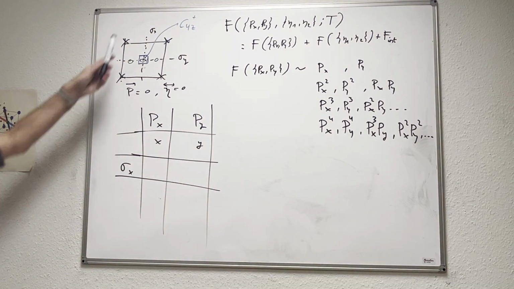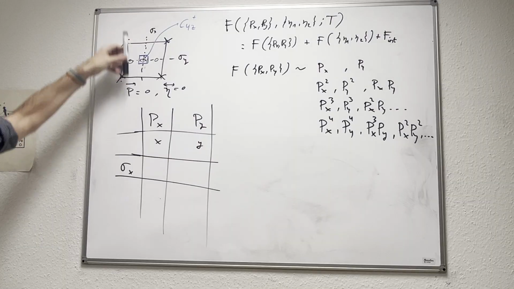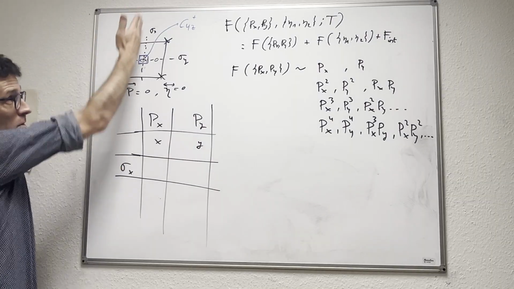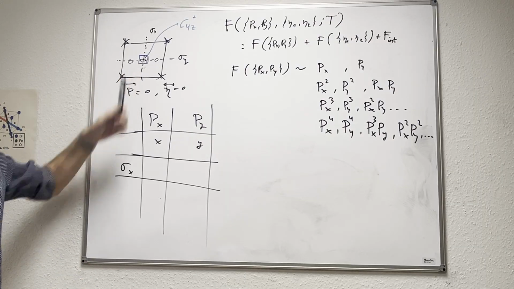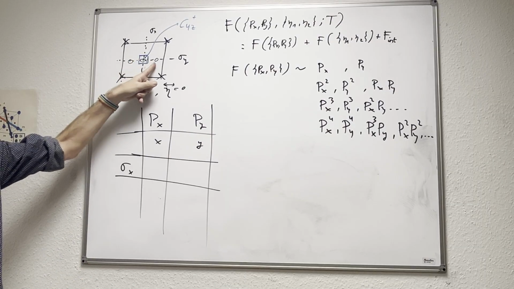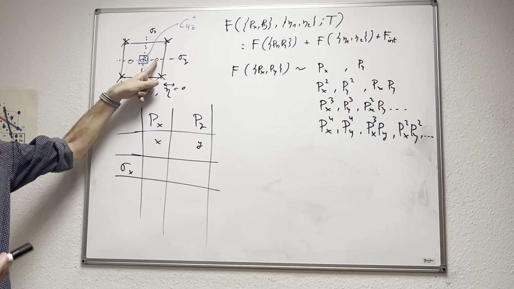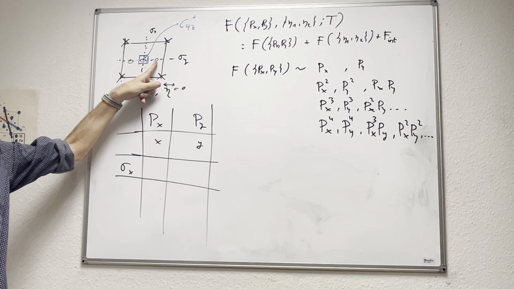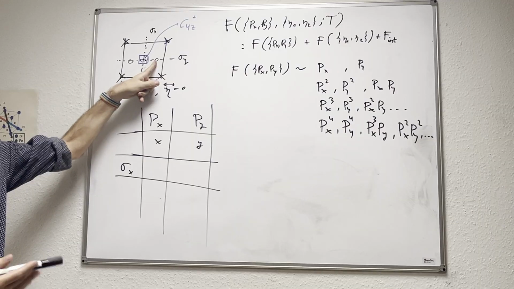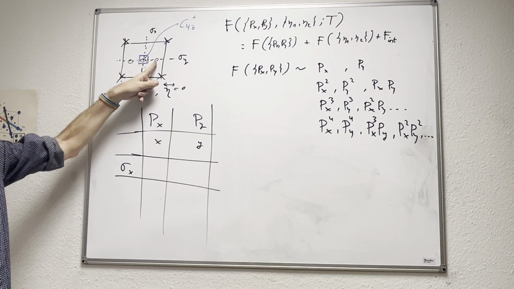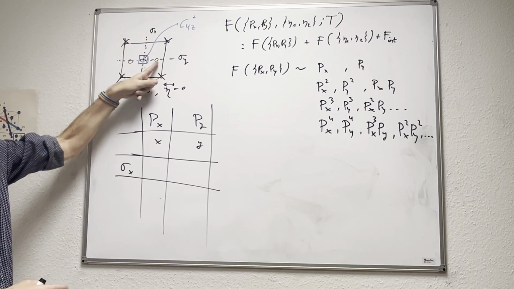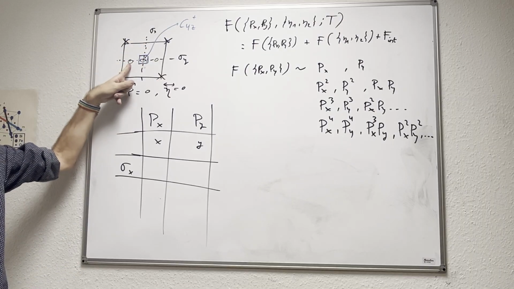Sigma x is the plane that intersects the whiteboard along this vertical line. It's pretty clear that if my atom has moved off center, and there is an x component describing that motion, meaning that you project over the x-axis and that's different from 0, then if I apply sigma x, that x component will change its sign.